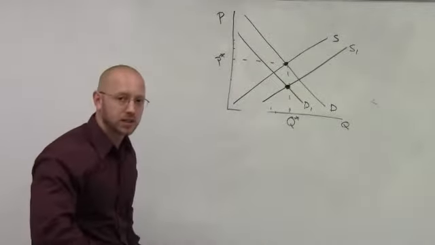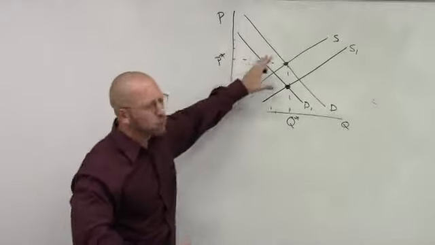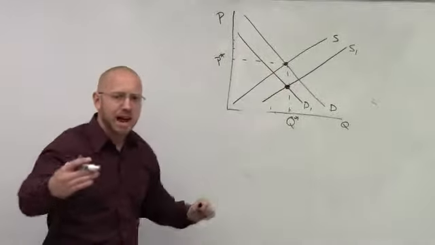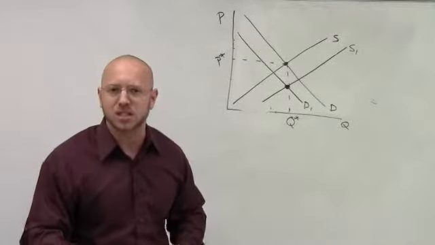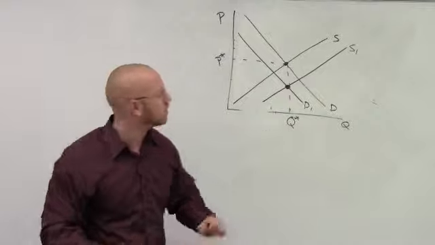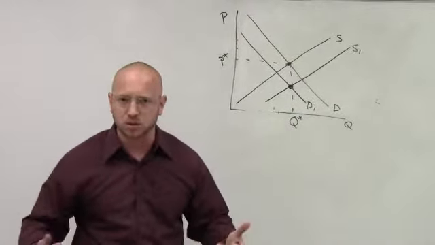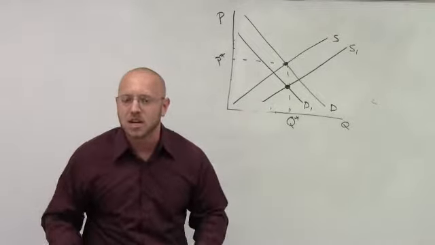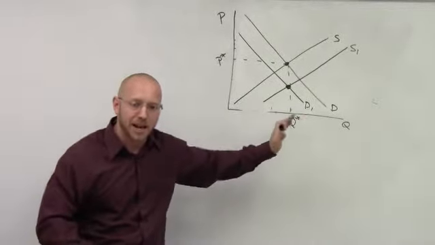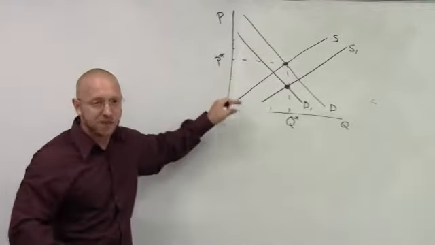Now we're at our new point. Now, what happened to price? Well, we said supply went up. When supply goes up, how does supply change price? When supply goes up, price goes down, right? And we said demand went down. Well, what happens to price when demand goes down? Price goes down. So both the supply movement and the demand movement caused price to go down. So price definitely went down.